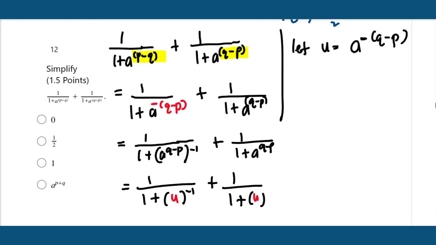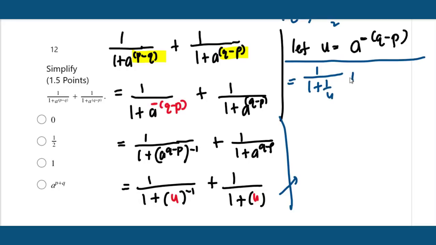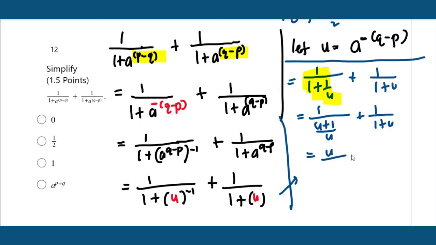Okay, simplify here. It is equal to 1 over 1 plus 1 over u, plus 1 over 1 plus u. Try to simplify this part. Equating the denominator, we get u over u plus 1 plus 1 over 1 plus u, and 1 plus u equals u plus 1.